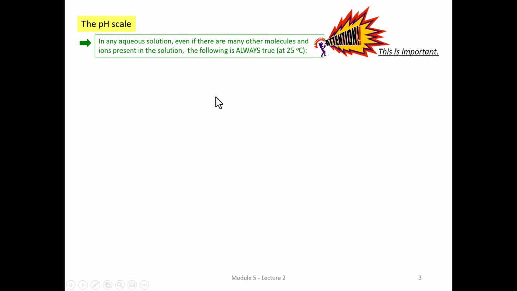It's always true that if you take the hydronium ion concentration and multiply it by the hydroxide ion concentration in that solution, it will always be equal to 1 times 10 to the minus 14. Or, if you prefer to write hydronium ion as H+, the H+ concentration times hydroxide is always equal to 1 times 10 to the minus 14.